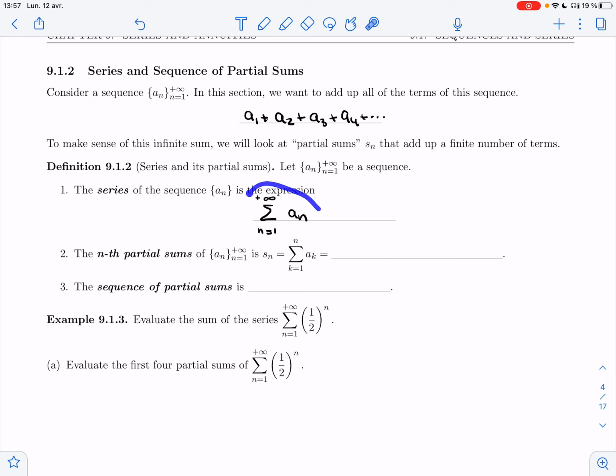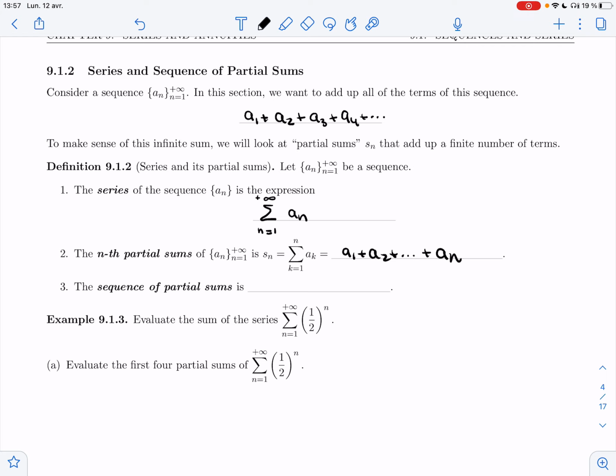Same notation as in chapter 4, it's just that instead of finishing at some point, we just say you keep going to infinity. The nth partial sum of an is Sn. We add up a1 plus a2, and now we do stop. We stop when you reach n, so up to an.